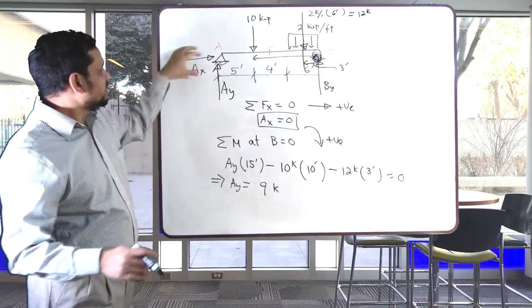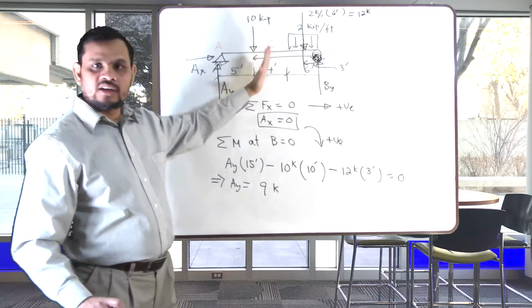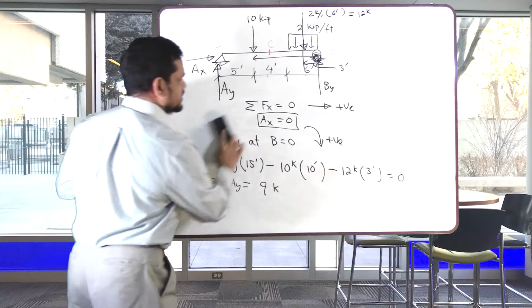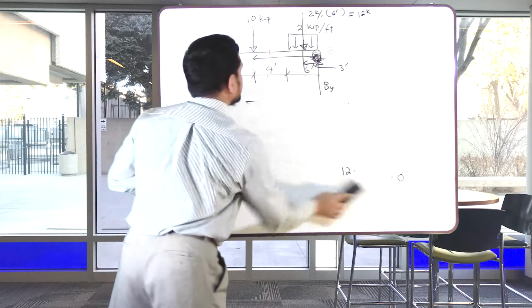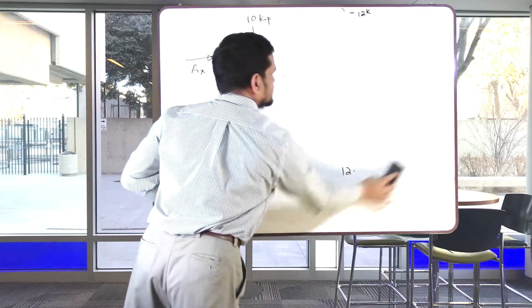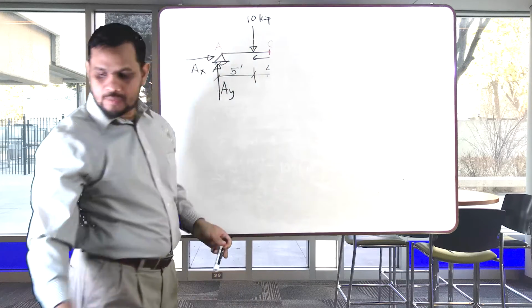So I know this reaction. Now I can cut here and consider this part. I will delete the rest. Now if I cut here, what will I see? I will see this.